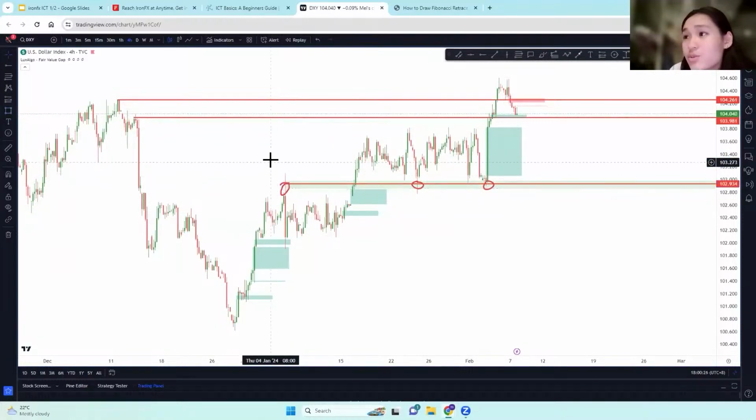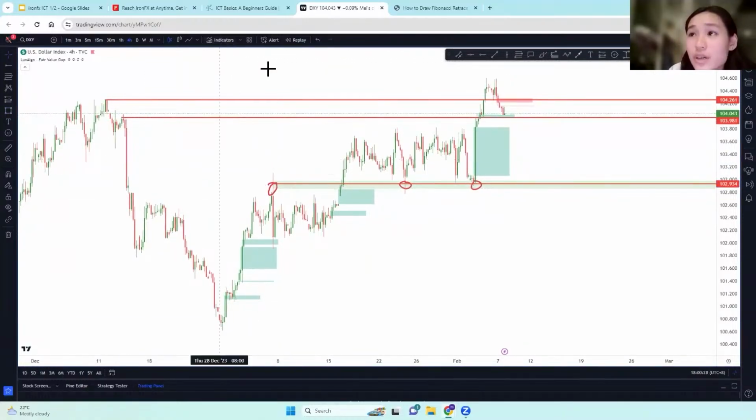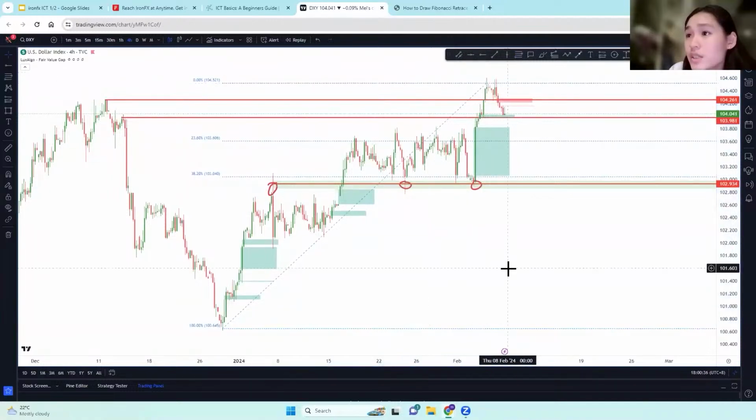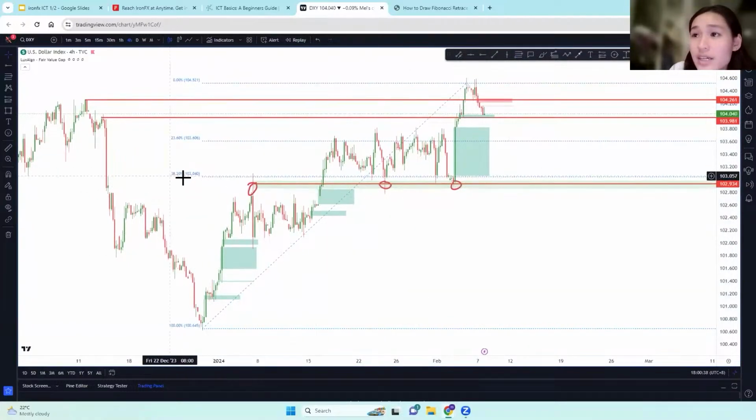Let's see if we can make use of our Fibonacci levels as well. Here we see that we have a nice 38.2 that lines up nicely with this area.